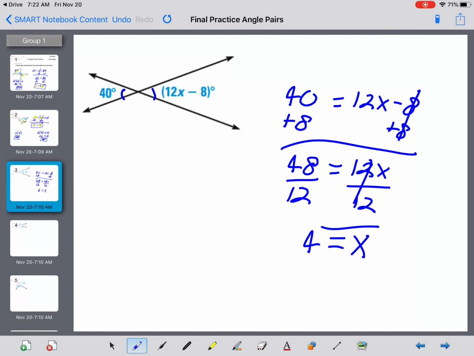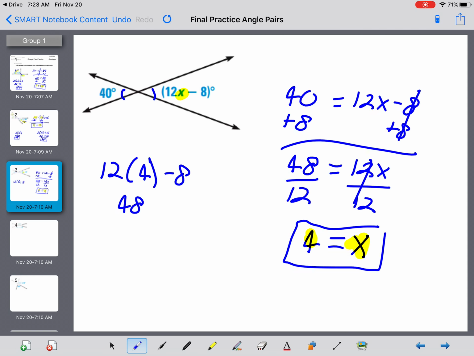X is equal to 4. Take that value of x, plug it in. There's only one this time, so it's 12 times 4 minus 8. Okay, 12 times 4 is 48, and 48 minus 8 is 40 degrees, which is congruent to its vertical angle on the other side.